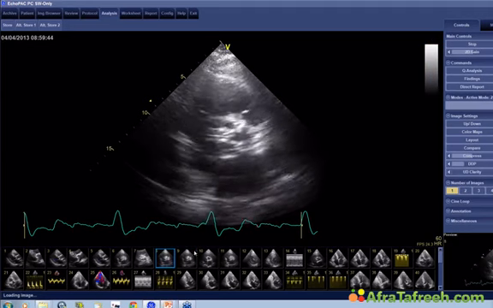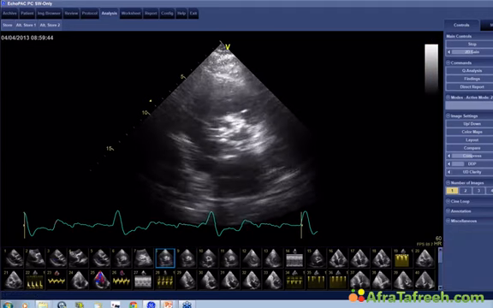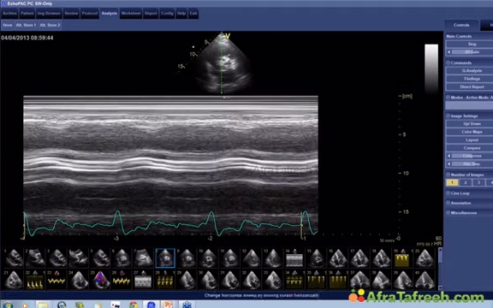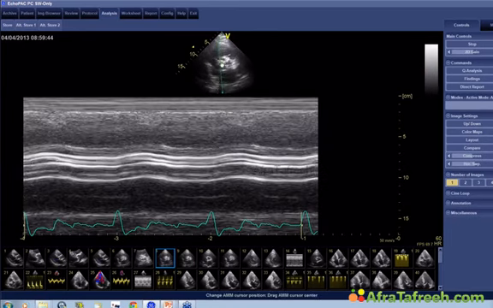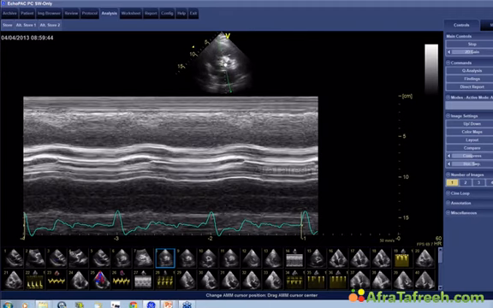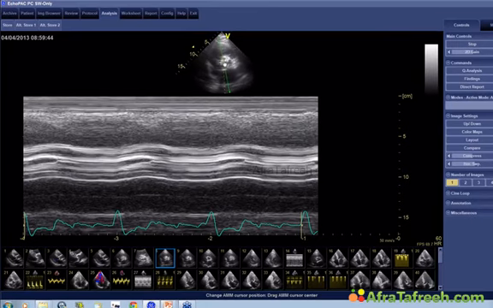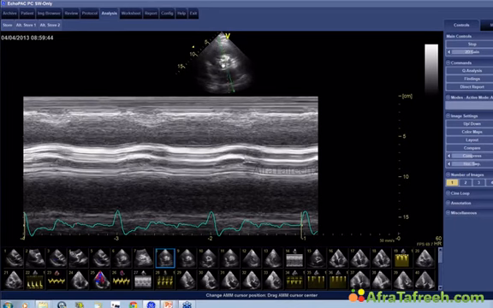Now this is the color. Let me go back here. And again, we can put the anatomical M mode through here. What I want to show you is that it depends very much on where you put this M mode ray through the aorta. Here you would have a fairly small box, which would mean there's not much opening. But if I move the cursor further to the middle, you will see that it starts to open.